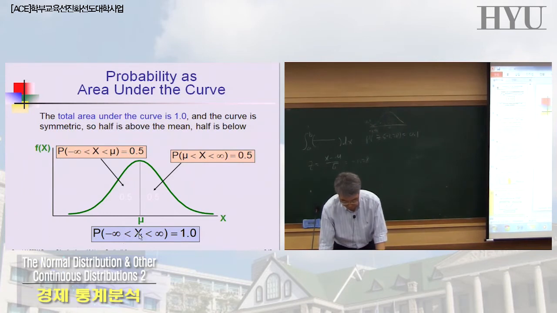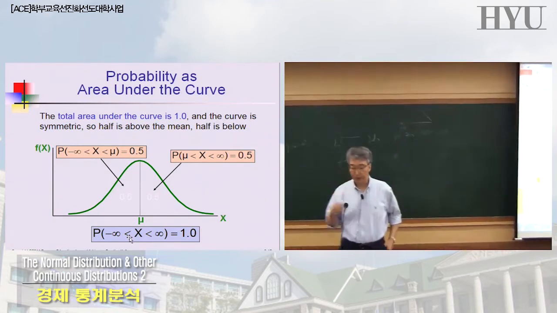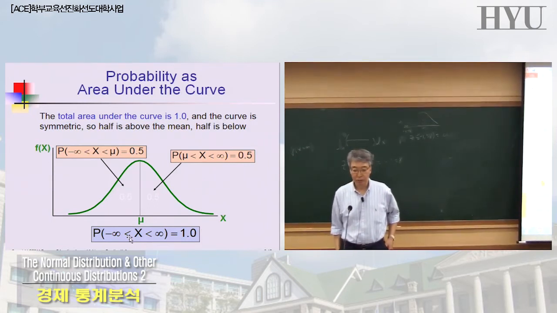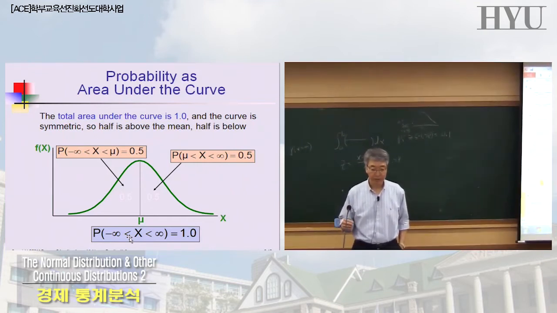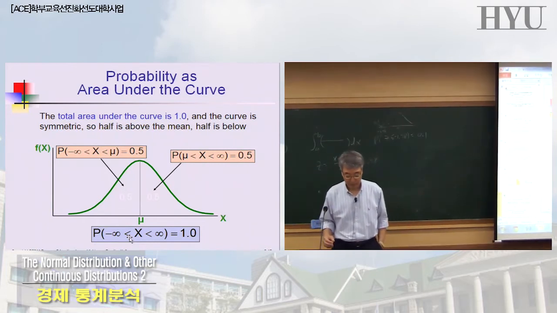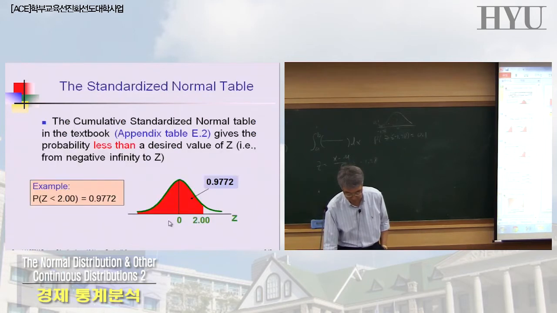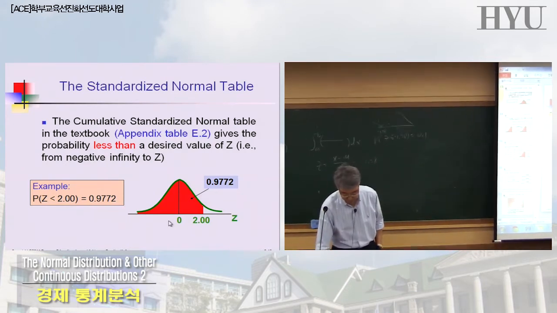The entire area under the curve, in other words, if you have any random variable x that will be normally distributed, then the probability that it will be from negative infinity to positive infinity will be 1. In other words, when you count all possibilities, the probability is 1. This is an obvious concept that we all learned already.